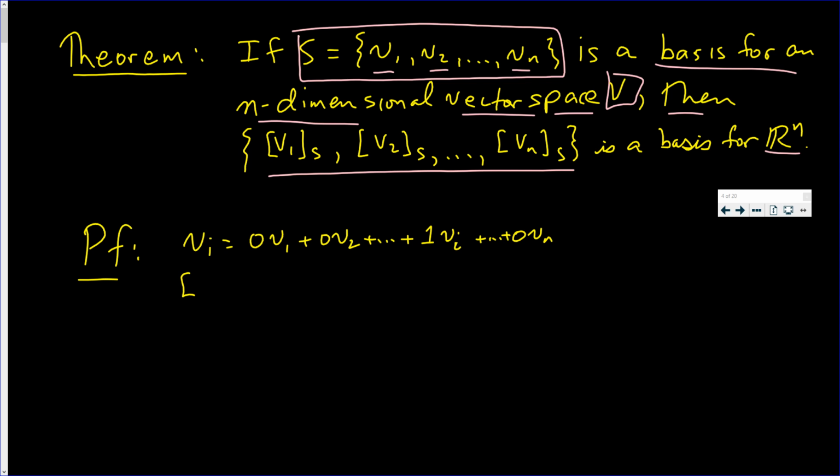And it turns out that the coordinates of V sub i in basis S is just what we normally call e_i. It just has a 1 in the ith row.